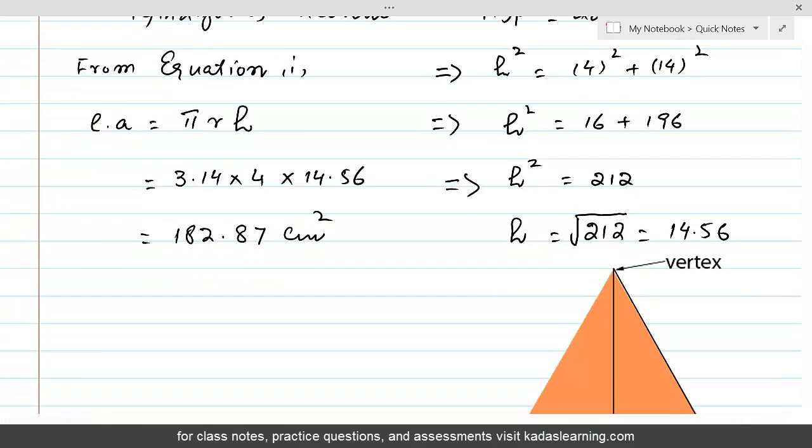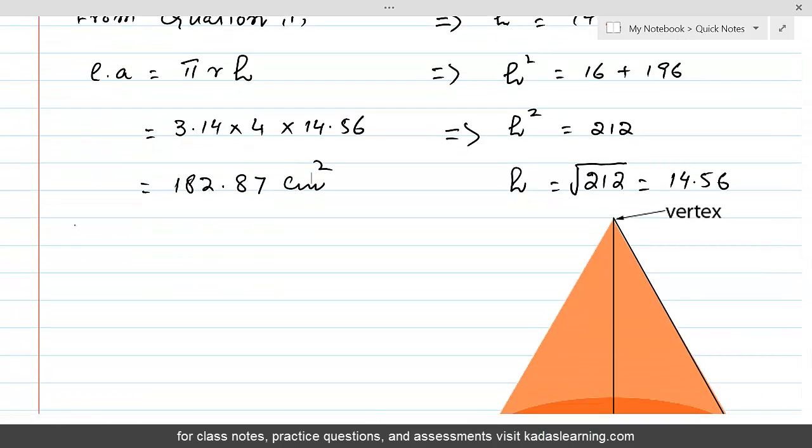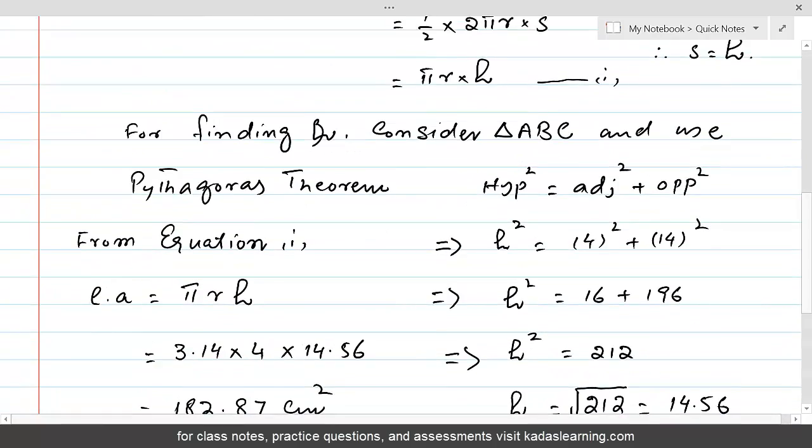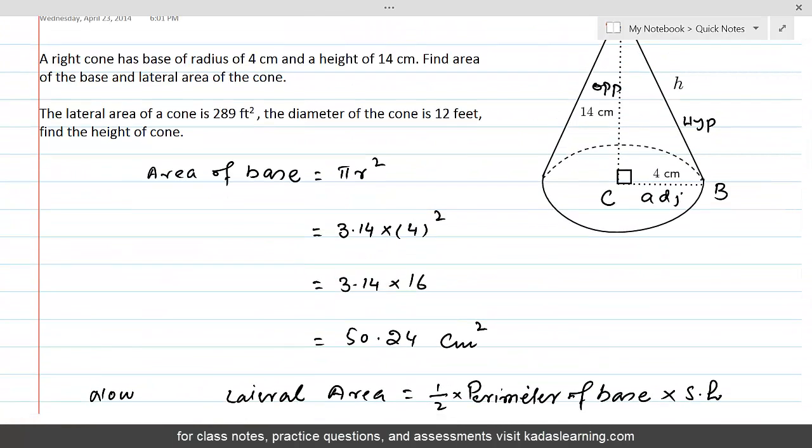So now we will do question number 2. For question number 2, what we are given is the lateral area of the cone is 289 square feet. The diameter of the cone is 12 feet.